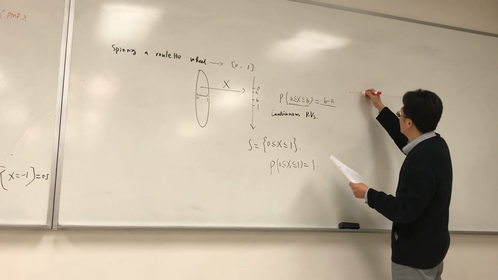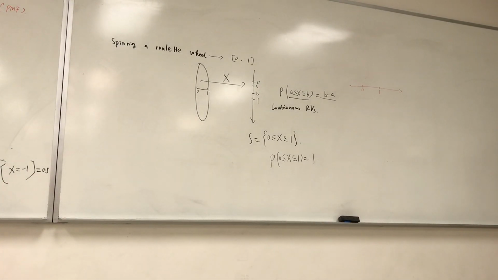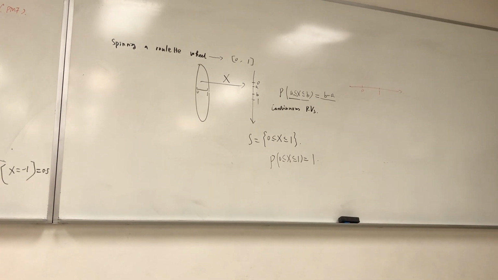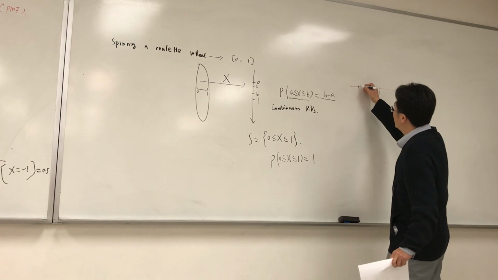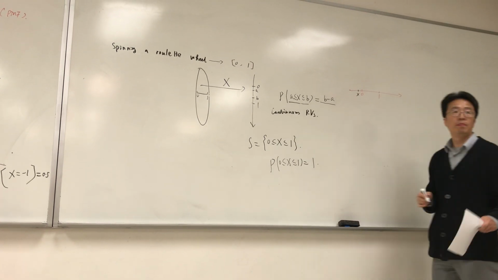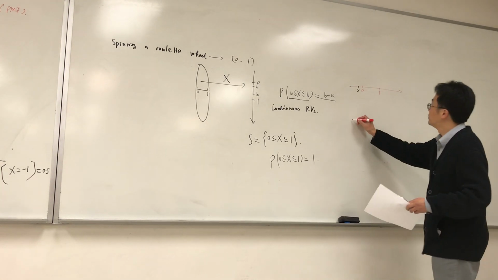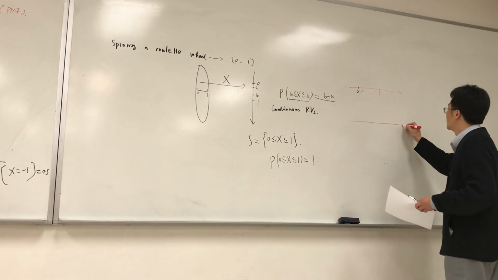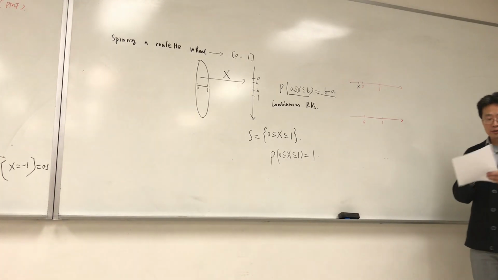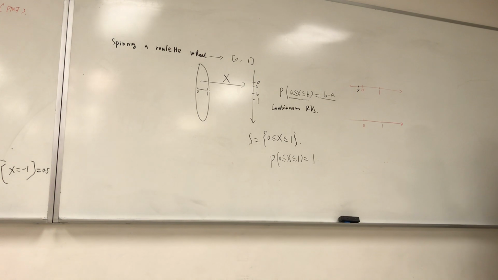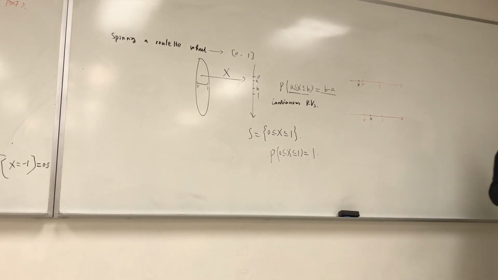Because the range is 0 to 1, let's also use different colors. Probably the first case should be when the realization is on the left side of 0, okay? And the second case, when the realization is between 0 and 1, somewhere here.